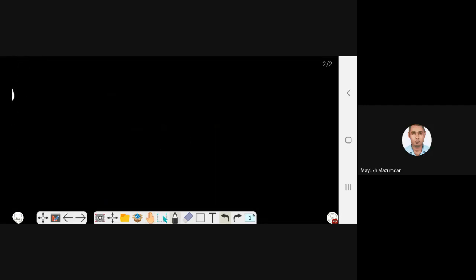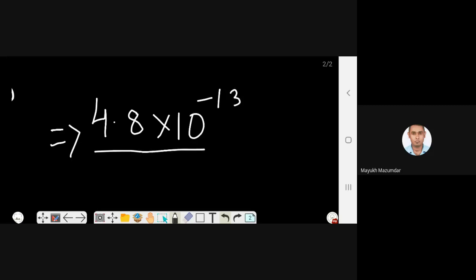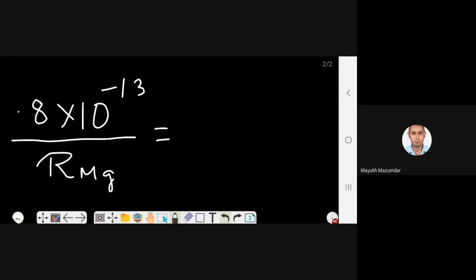So from here, R copper is given. How much is the value for copper? 4.8. You can write 10 to the power minus 13 also, but it's a ratio so that doesn't count. Still, write it by R of magnesium. Now what is A for copper?